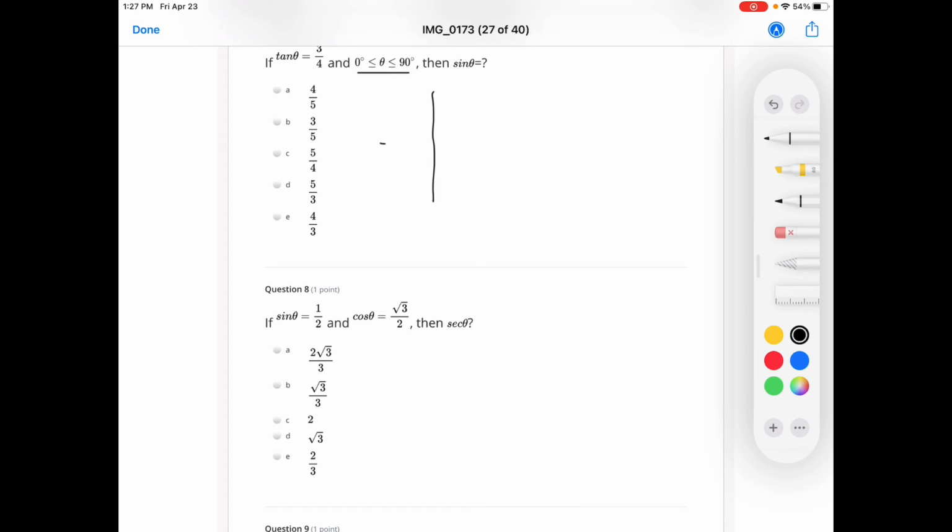So we are in the first quadrant. So we got 0 degrees here, 90 degrees, 180, 270, and then back to 360. So if theta is between 0 and 90, we know that we're in the first quadrant here somewhere.